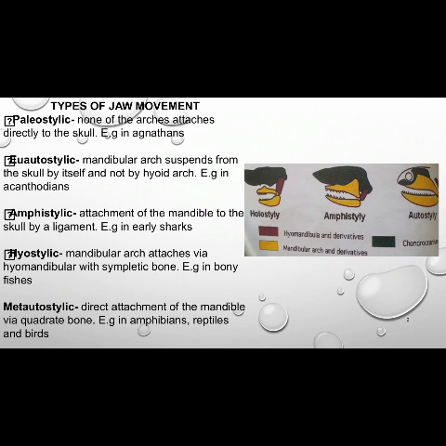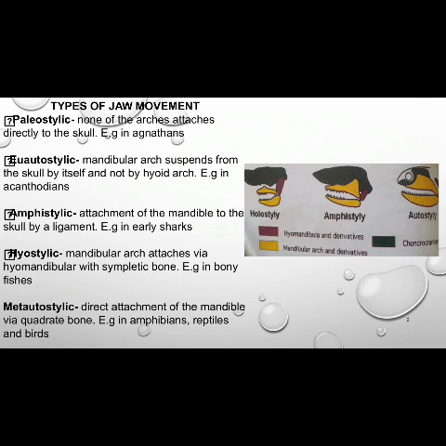What about the metautostylic? The metautostylic are vertebrates such as tetrapods. Such vertebrates have an upper jaw which suspends from the lower jaw. You find it in some tetrapods.